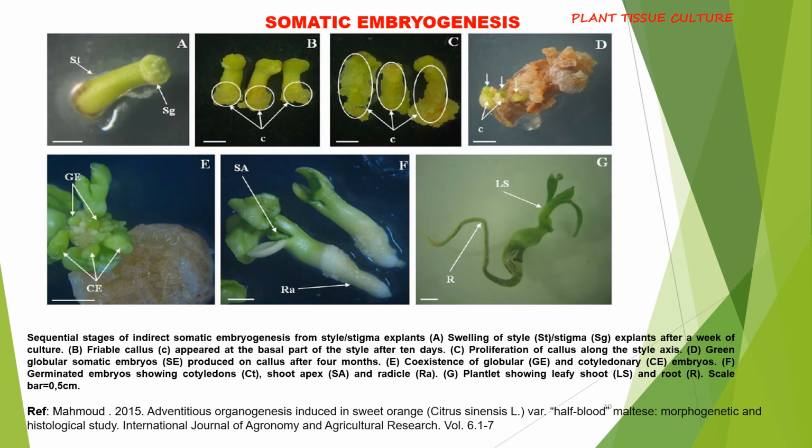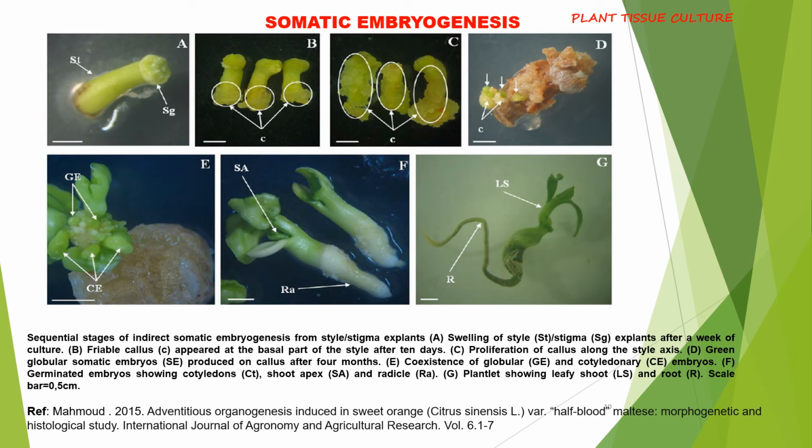The figure here shows the sequential stages of indirect somatic embryogenesis from a style or stigma explant. Figure ABC shows the formation of callus. Figure D shows the presence of globular somatic embryos.